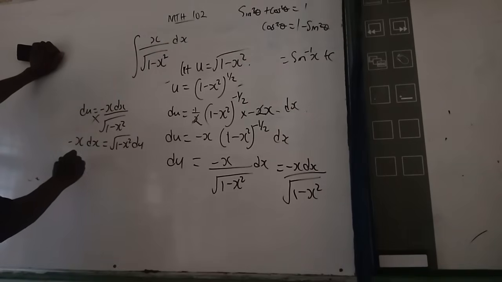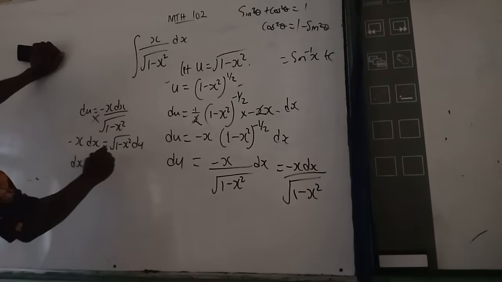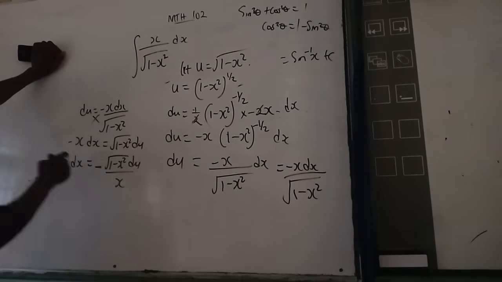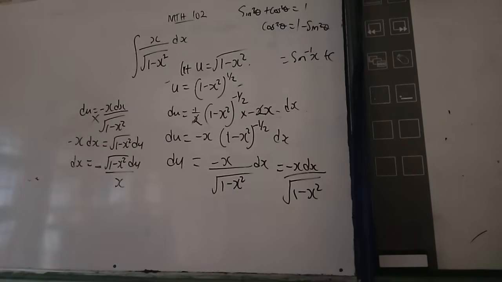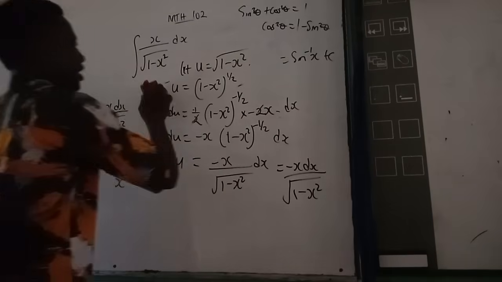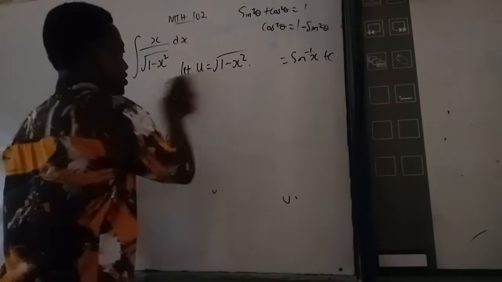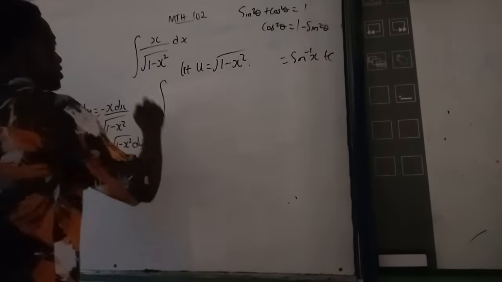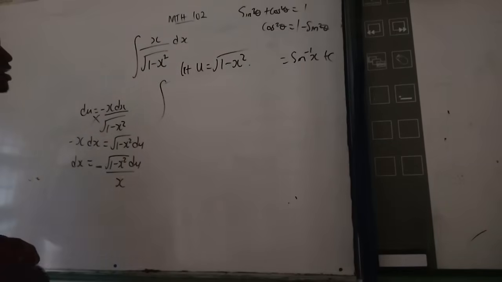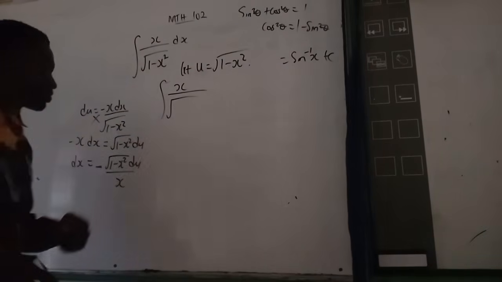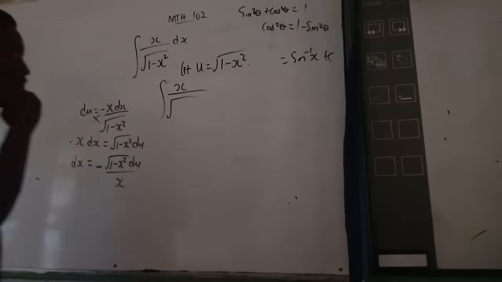That means dx equals to root 1 minus s squared du over x. Then the minus will be here. Do we get that? Root 1 minus s squared du over x. Now let's rewrite the integral. So the integral becomes integral of x over root 1 minus s squared, which is u.